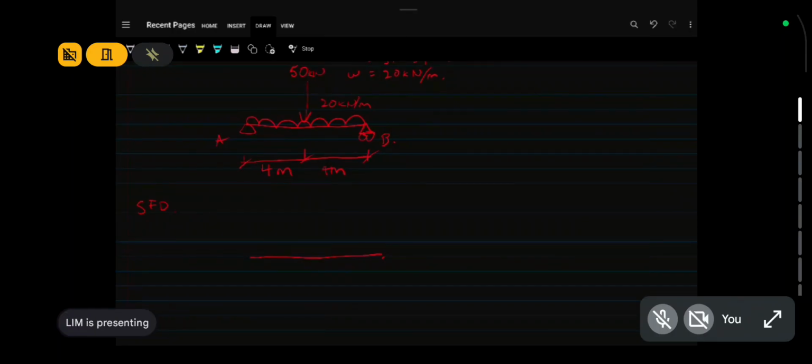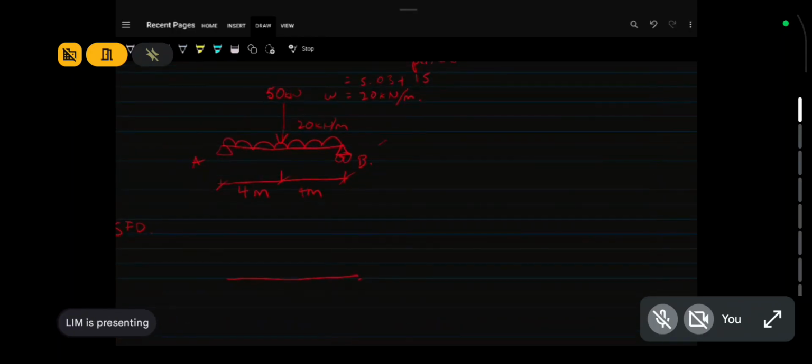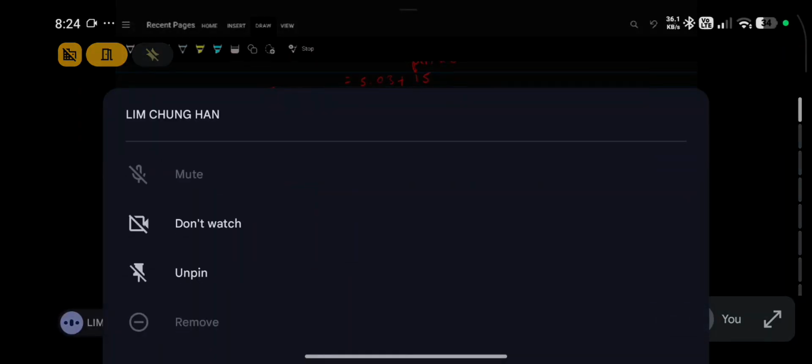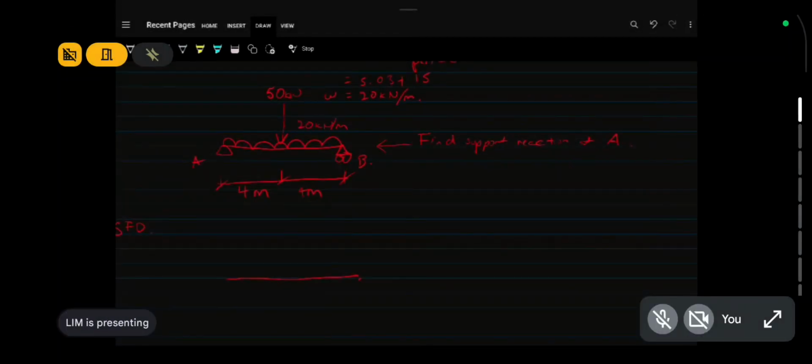So we go back to the loading, we find at A. What is the support reaction at A?